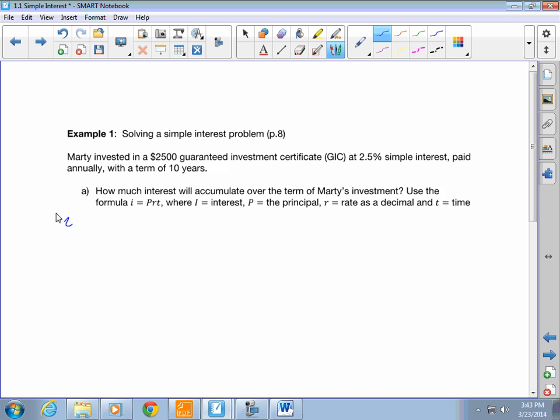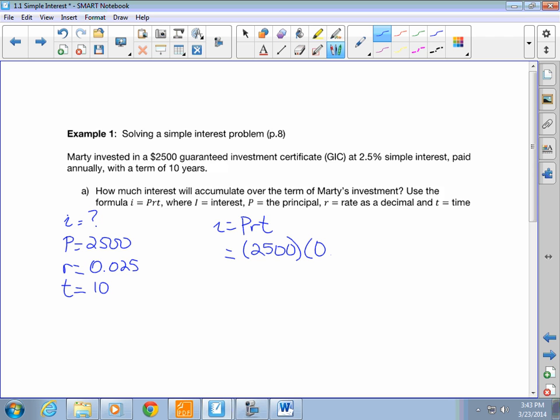So we're trying to find out the I, because we want to know how much interest. Our principal was $2,500. Our rate as a decimal was 2.5%, so that's 0.025, and our time is 10 years. So using I is equal to PRT, I have 2,500 times 0.025 times 10.